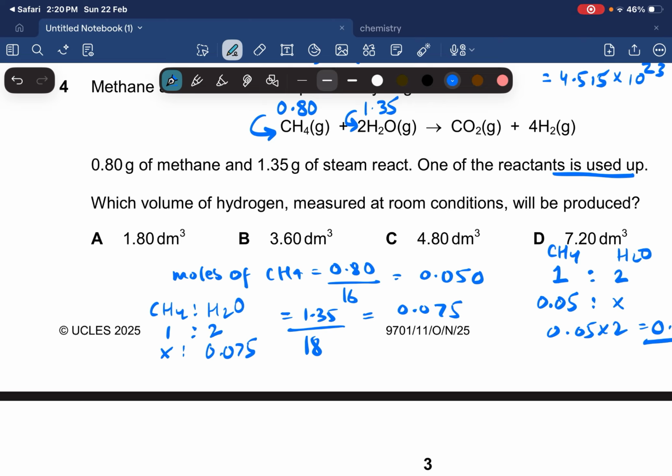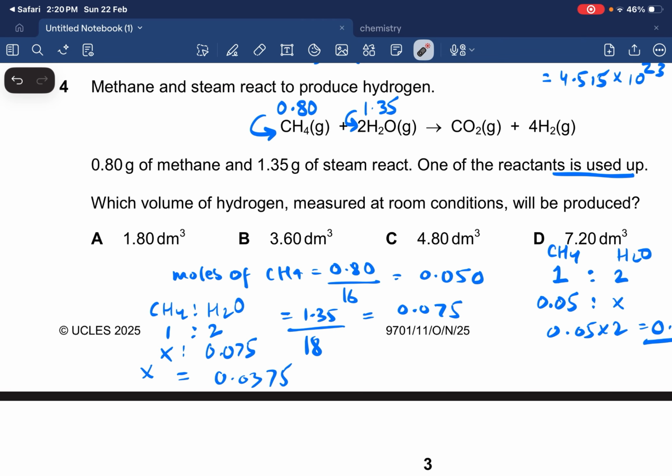What does X come out to be? Check it for yourself. X comes out to be 0.0375. These many moles of methane are going to react, but we have 0.050. That means methane is in excess. We have more moles of methane. So water is the limiting reactant over here, and the moles of water are 0.075.